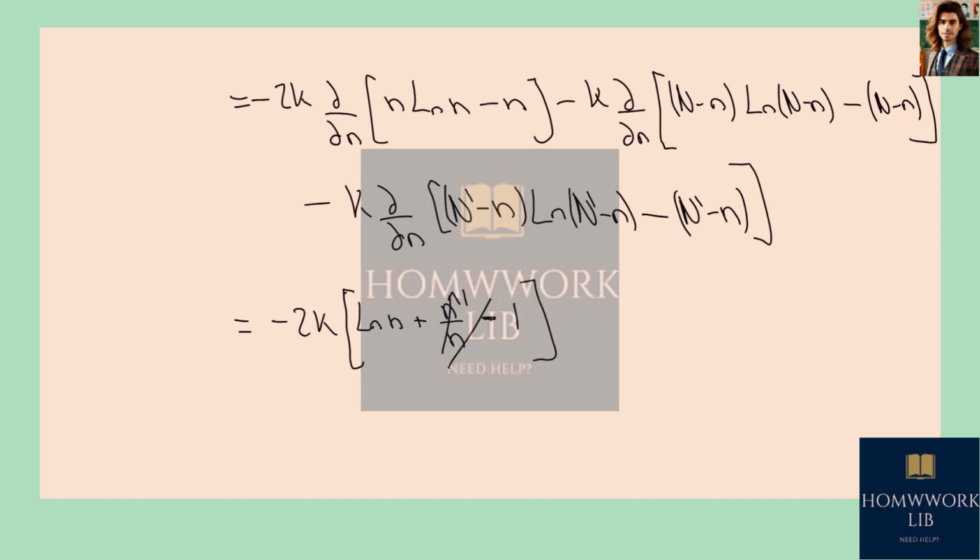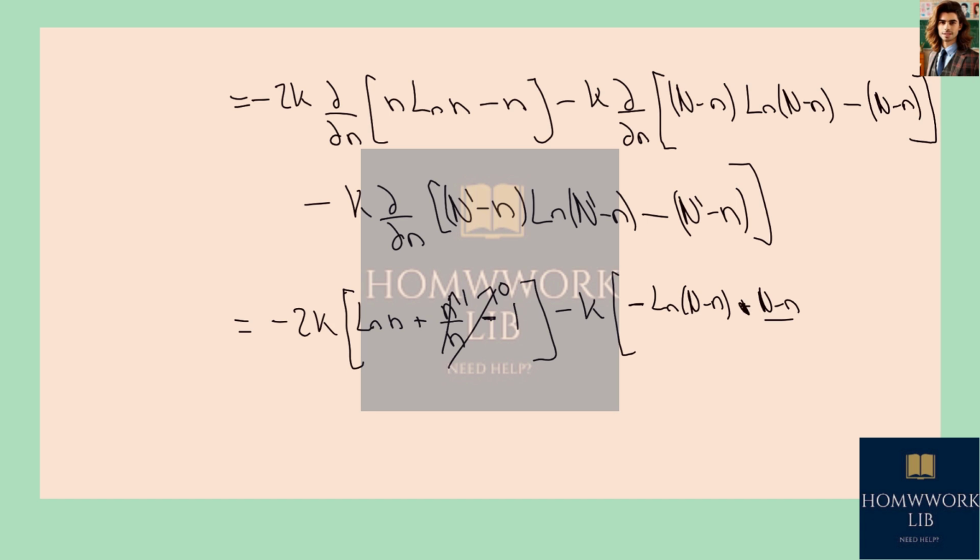So 1 minus 1, this is going to be a 0. Now the next factor is going to be minus k, the derivative of the first factor with respect to n, that is going to be minus 1 times logarithm of n minus n, plus n minus n divided by n minus n.